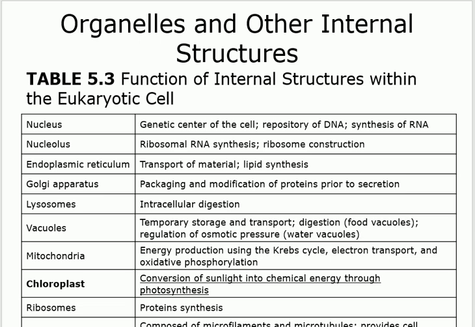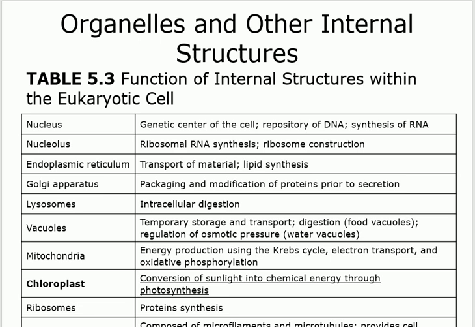Vacuoles, this is something that we didn't talk about in human physiology. Or there is something similar to that, but we didn't call it vacuoles. Vacuoles are basically cysts where we temporarily store stuff, and we transport it in those vacuoles.